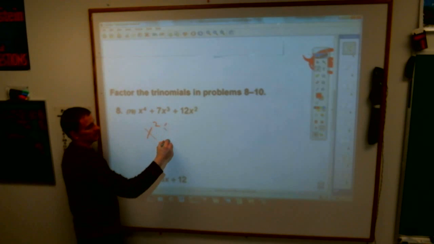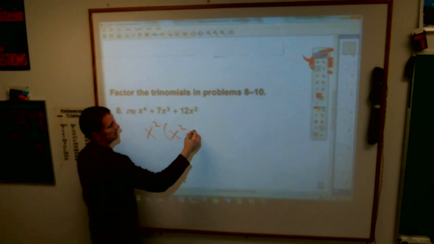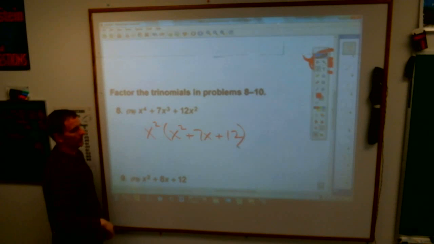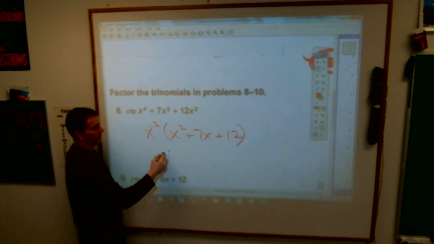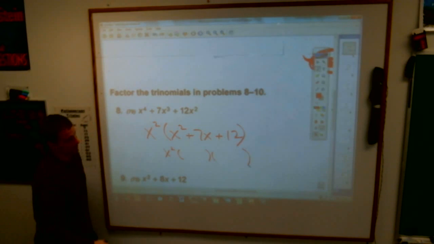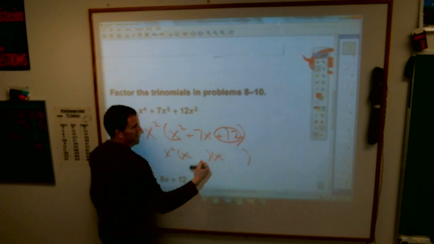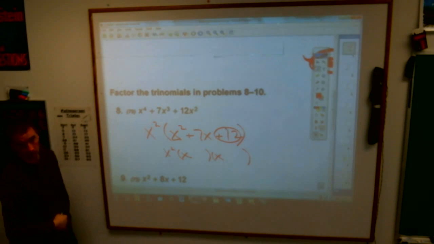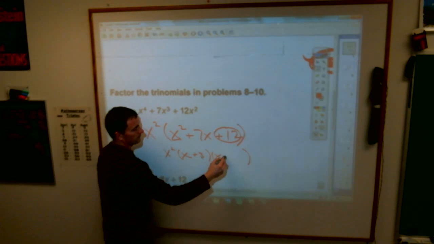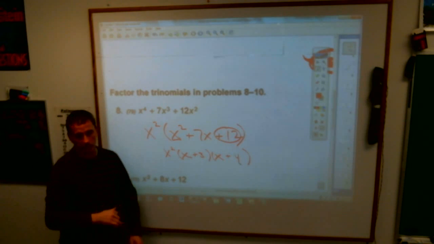You can take x squared out of all of them, leaving you with an x squared here, that 7x, and that 12. And then once you get there, don't forget that x squared has to stay outside when you factor this into 2 binomials. The only way to get x squared is x and x, and then what numbers multiplied together give you 12, added together give you 7? 3 and 4. Somebody asked, does the order matter? No, you could put the +4 there and the +3 there.